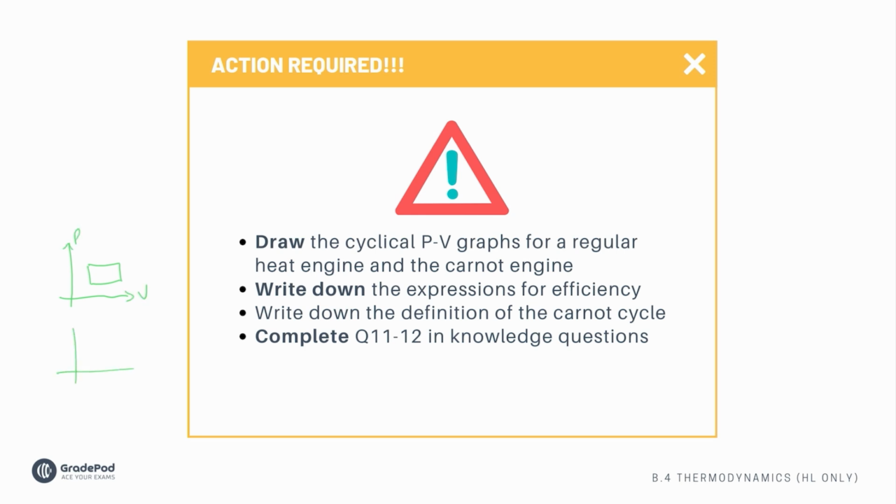And the cyclical graph for the Carnot cycle, and that was the one that had the adiabatic expansion. Like that. Okay? Go to your common definitions section, write down the definition of the Carnot cycle, and write down the expressions for efficiency in the formulae section. Then head to questions 11 and 12 in your knowledge questions.